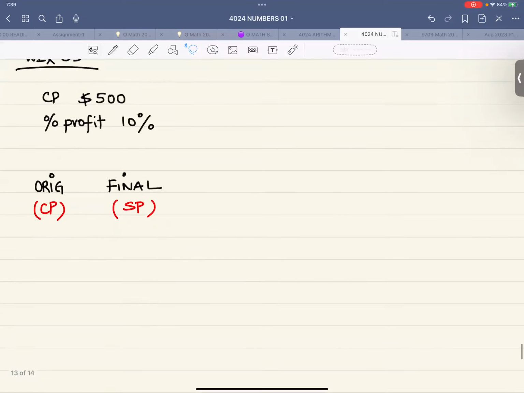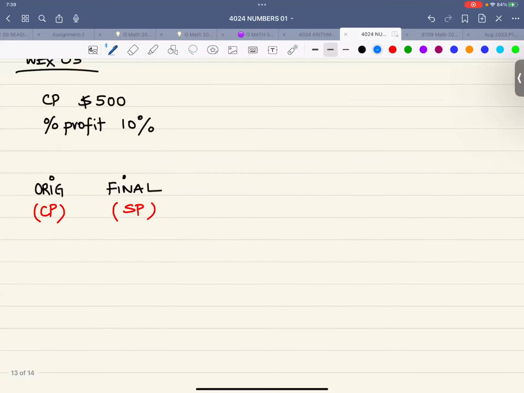Now, first of all, if something is worth $100, because of this 10% profit, 10% increase, the value would be 110. Do you agree with this? Write it in your WhatsApp. If something is worth 100, the basic price of anything in percentage, we take it as 100.